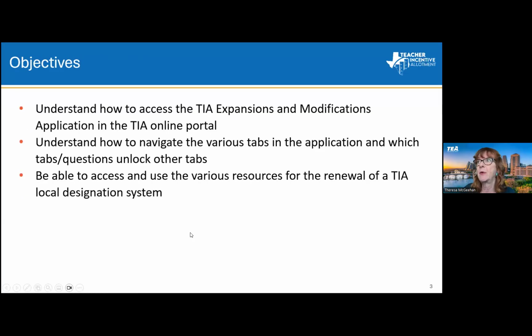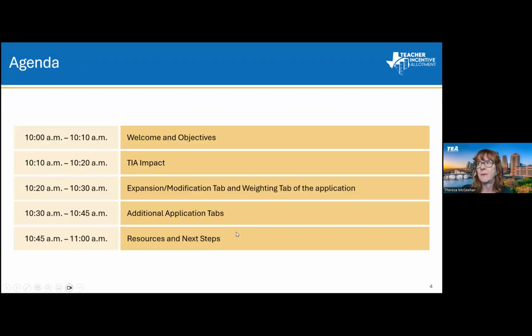Our objectives for this morning: one, understand how to access the portal. The application is on a portal. Two, understand how to navigate the various tabs and which questions unlock which tabs. And then finally, be able to access and use the resources we have available so that you can be as successful as possible in your expansion modification application.